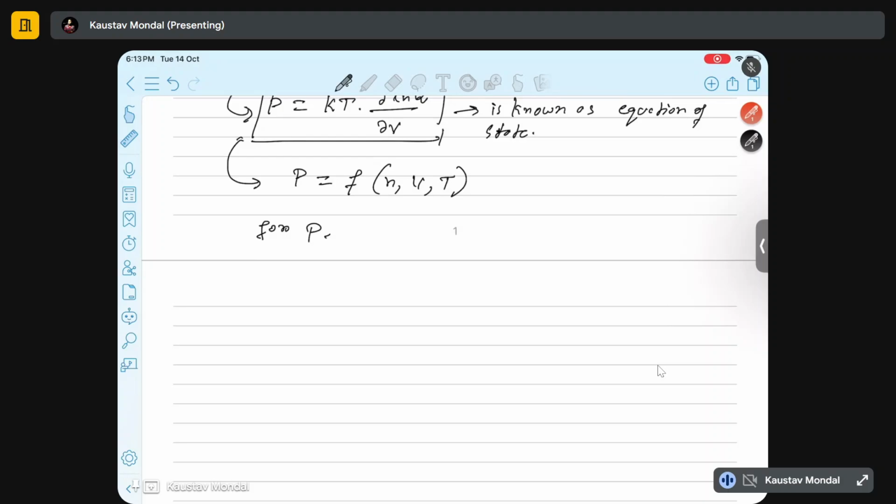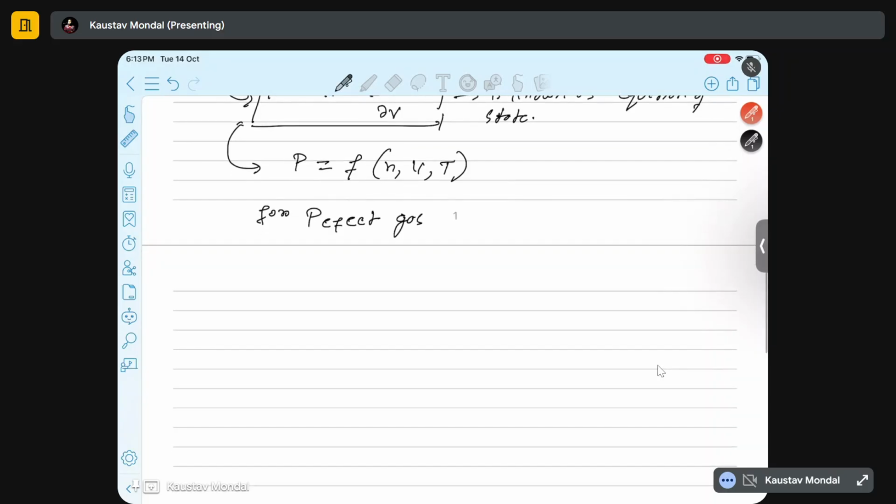For a perfect gas, the equation of state looks like this: PV equal to NkT. We all know this.